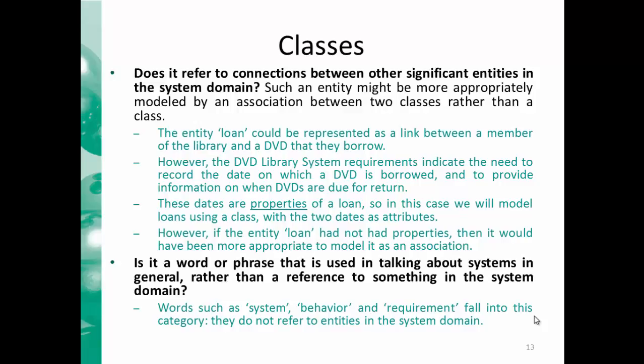Now, does the noun or noun phrase refer to connections between significant entities in the system domain? If so, then we will find out whether we can reject it or we may need to build it as a class.